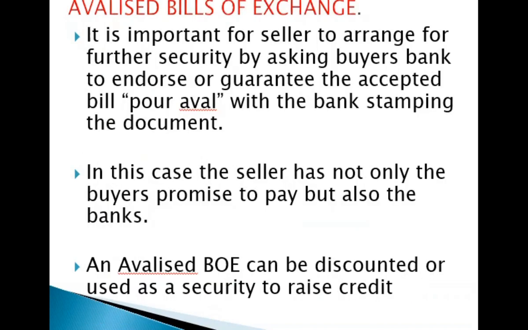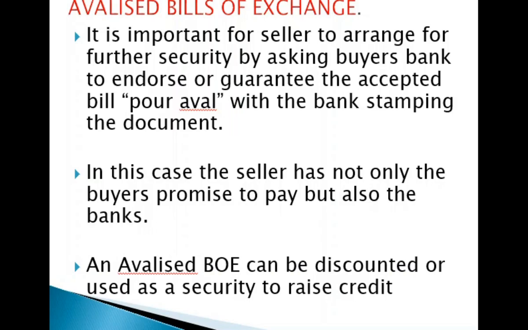The last bill of exchange I would want to explain here is avalized bill of exchange. It is important for a seller to arrange for further security by asking the buyer's bank to endorse or guarantee the accepted bill, with the bank stamping the document. When the bank stamps the bill, it means the bank guarantees that bill.